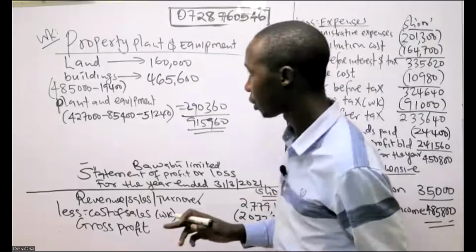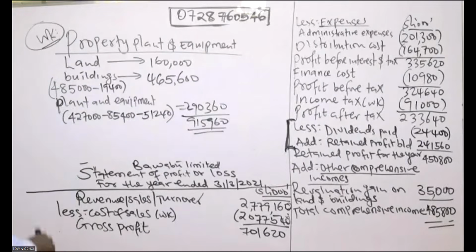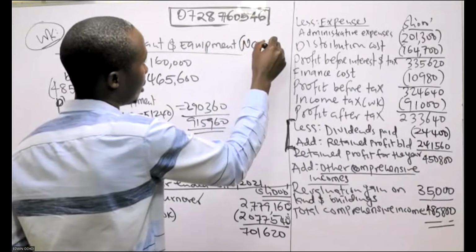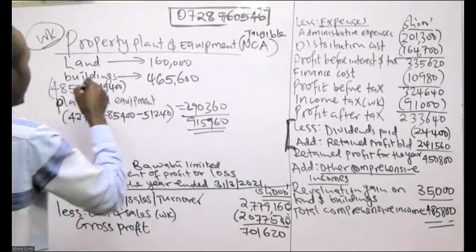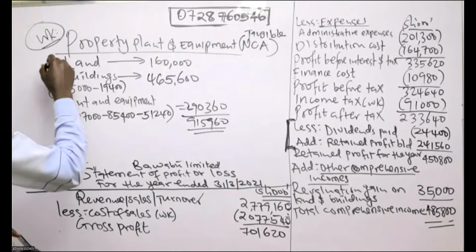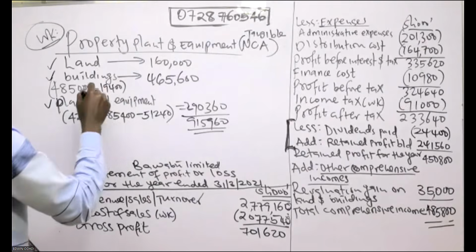Going to the second part of the question, the only working we have to do is the classification of the tangible non-current assets under the property, plant, and equipment, whereby we had land, buildings, and plant and equipment. Land and buildings were revalued.